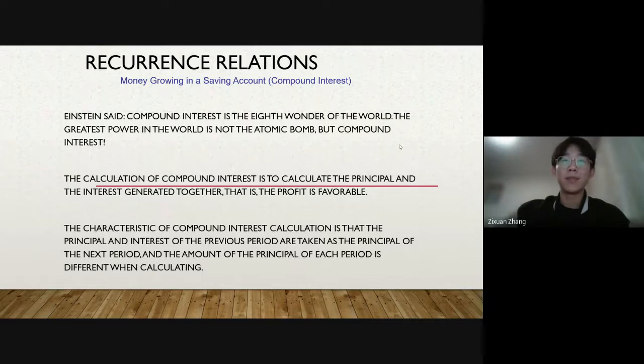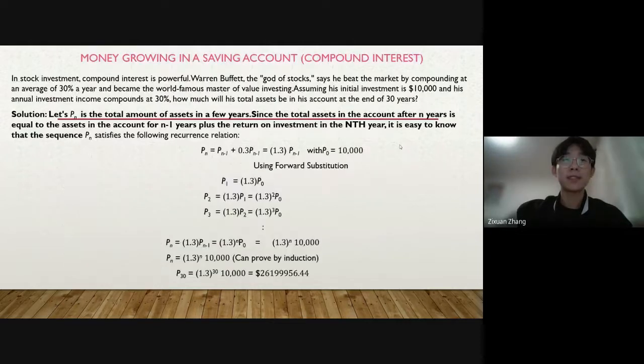That is, the profit is variable. The characteristic of compound interest calculation is that the principal and interest of the previous period are taken as the principal of the next period, and the amount of the principal of each period is different when calculating. Next page.